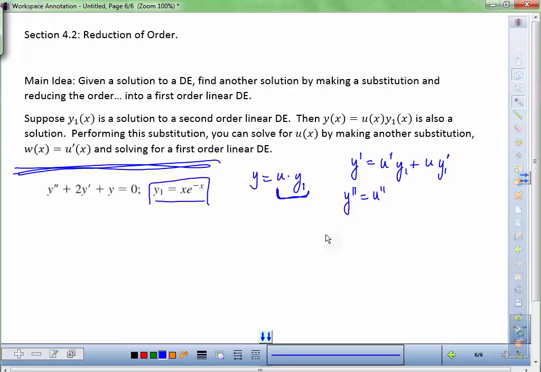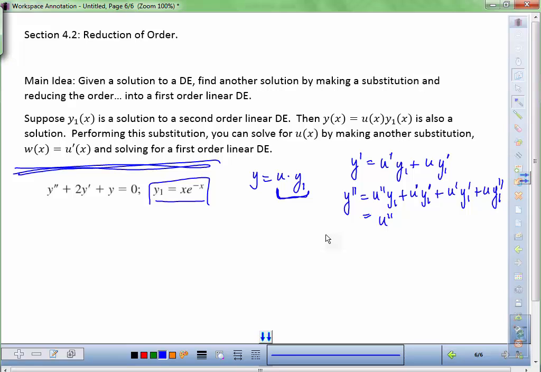Derivative of the first times the second plus the first times the derivative of the second. y prime, y1 prime. And then u prime y1 prime plus u y1 double prime.